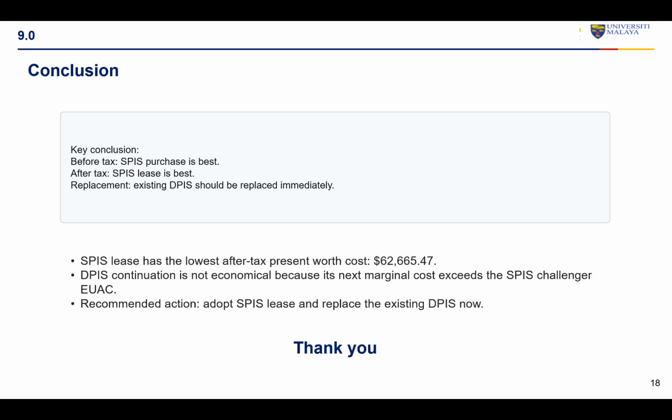SPIS lease is the most appropriate final recommendation. The replacement analysis also supports immediate replacement of the existing DPIS with SPIS. Therefore, the recommended action is to adopt SPIS lease and replace the existing DPIS now.